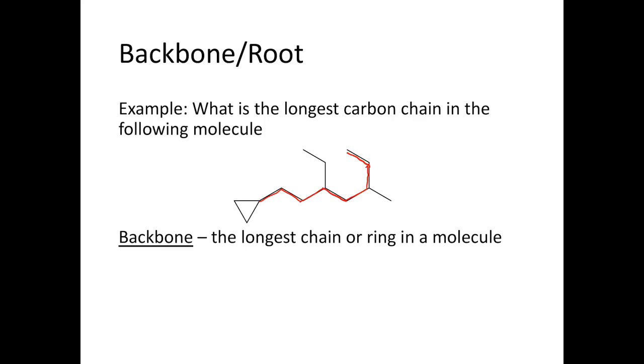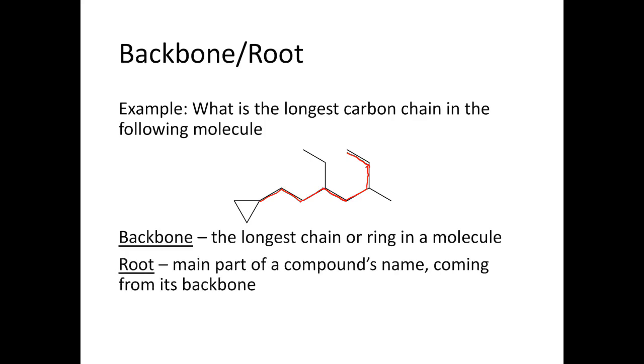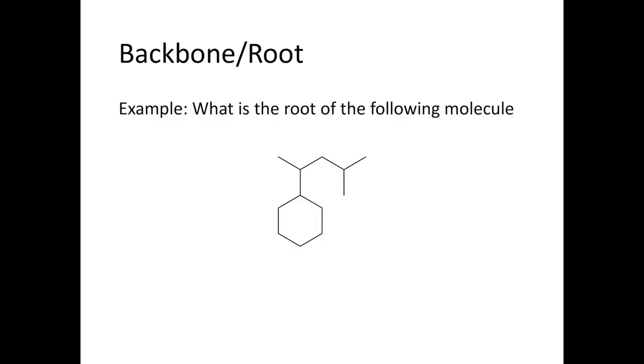The backbone is the longest chain or ring that exists in a molecule. And the root is the main part of a compound's name, and that name is derived from the backbone. So for this molecule, what is the root? Meaning, find the backbone and then determine its name.